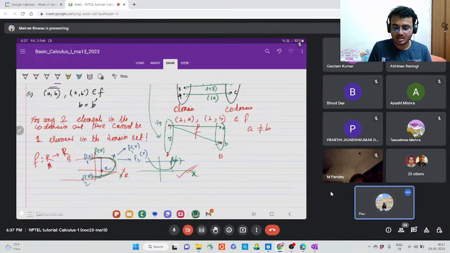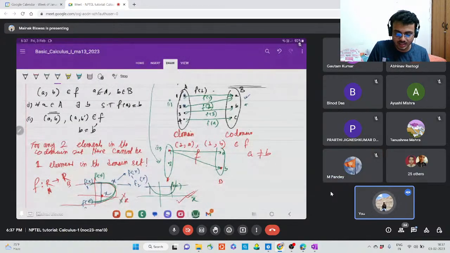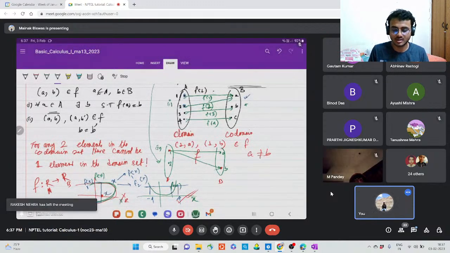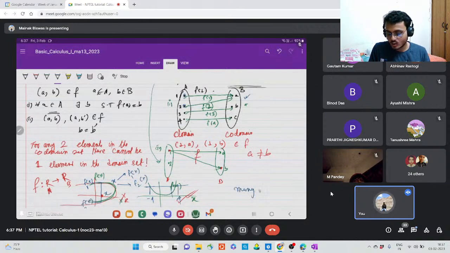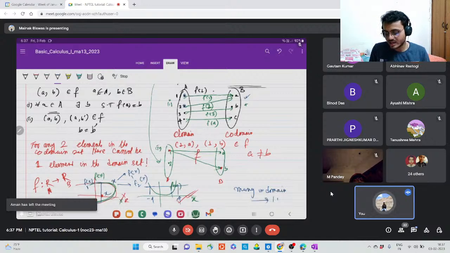What does this mean? So for example, in this one, both 1 and 2 map to the same value a, right? So here say -4 and 4 map to the same value. So in that case, it's a many to one function, right? So many, what does it mean? Many in domain to one in range. There is nothing wrong in that, right?